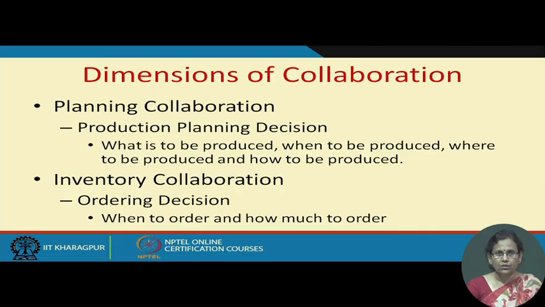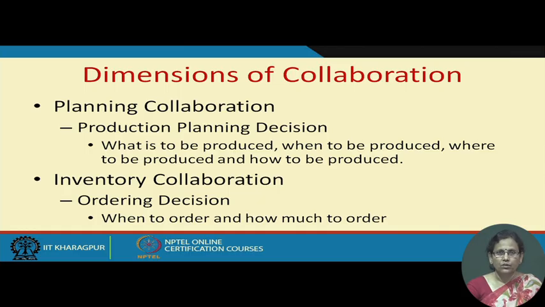It is about taking production planning decisions in consultation with each other, in collaboration with the business partner. What is to be produced, when it is to be produced, where it is to be produced, and how much is to be produced.